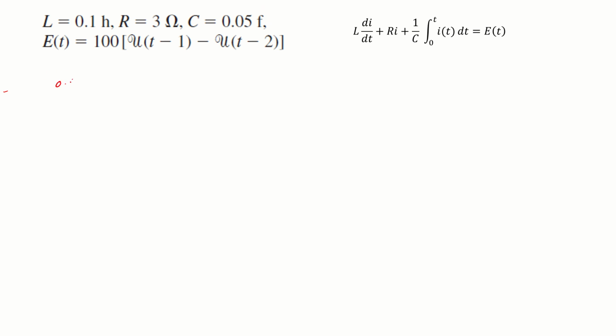L is 0.1 into di by dt plus R, that is 3 into I, plus 1 over 0.05 integral from 0 to t of I dt is equal to e(t), which is 100, and now we have u(t minus 1) minus u(t minus 2).